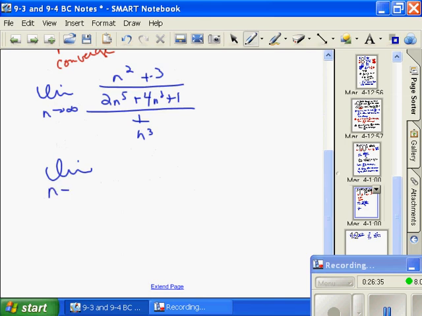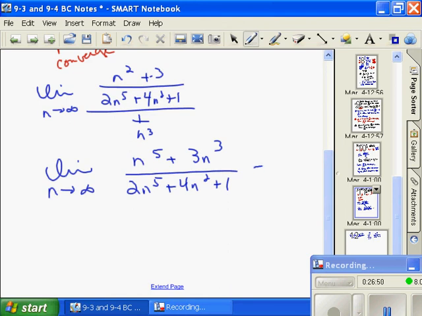Flip it and multiply, so I get n to the 5th plus 3n cubed all over 2n to the 5th plus 4n squared plus 1. We all know that limit is going to be 1/2. Yay! Once again, that is greater than 0, so I can use category 1 up there in my box for limit comparison tests.